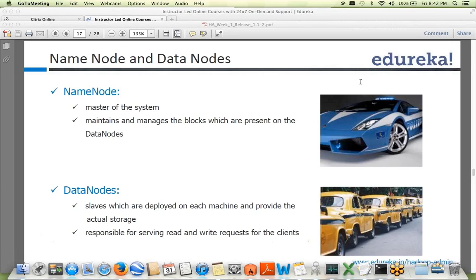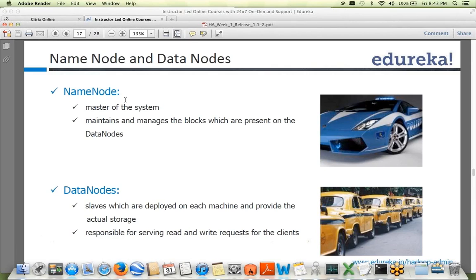Okay, Vinod has given his email, so maybe after this session we can talk about that.